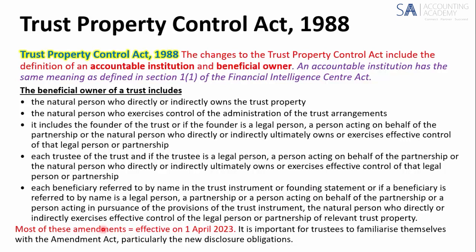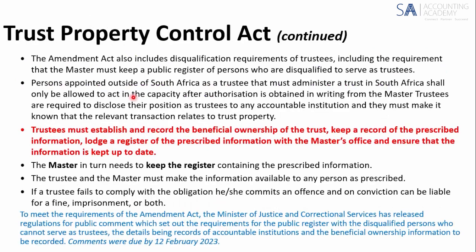Most of these amendments became effective on the 1st of April, and it's important for trustees to go and familiarize themselves with this Amendment Act, particularly with regard to the new disclosure obligations. What do they need to disclose? The Amendment Act includes disqualification requirements for trustees, and the masters also need to keep the register containing all the prescribed information, in such a way that the trustees have to establish and record the beneficial ownership of the trust.